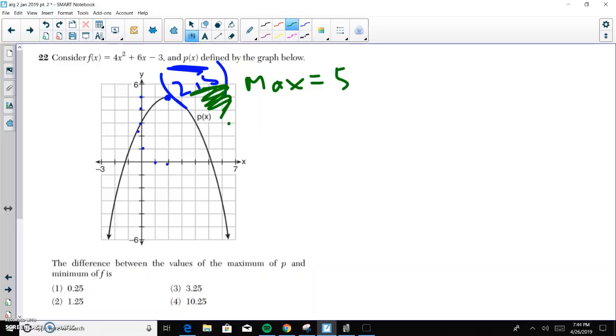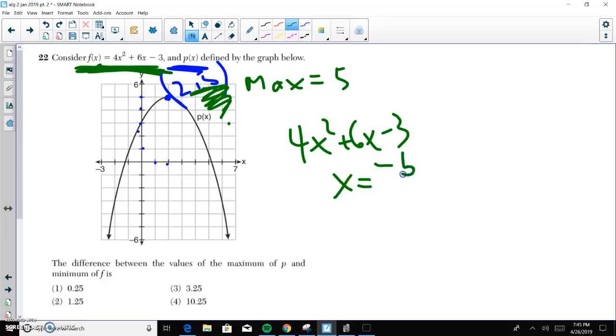So that's great. But now we have to find the minimum of f of x. So this is f of x right here: 4x squared plus 6x minus 3. So we could use the formula x equals negative b over 2a to find the minimum of f.